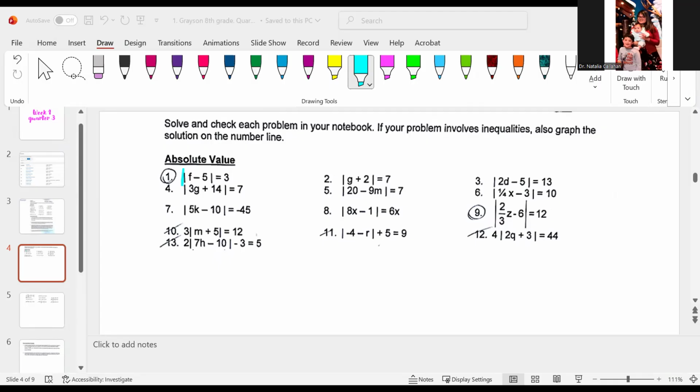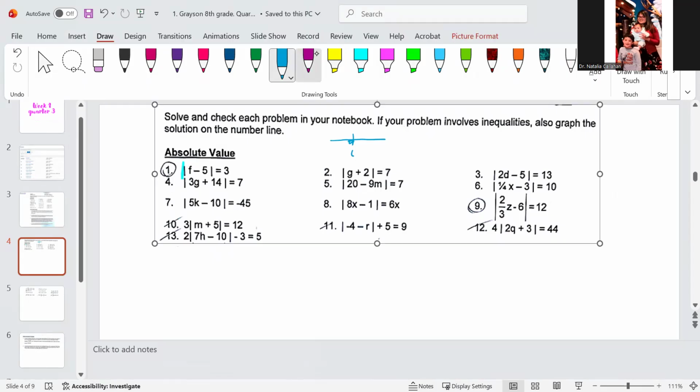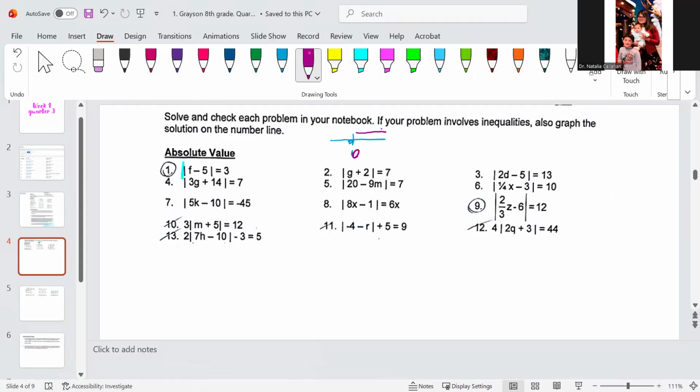So what it means is that the absolute value is the distance from 0. Okay. So if this right here is 0, and I were to go to the right 5 steps, that's a positive 5 step, right?